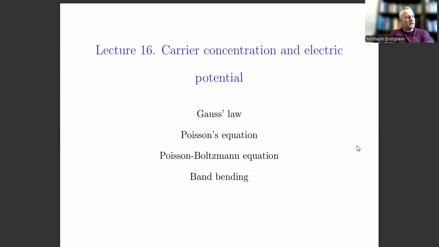But in this lecture, I will conclude not with the solution of the Poisson-Boltzmann's equation, but with the discussion of band bending near the surface of the semiconductor if the surface potential is different from the value of the electric potential in the semiconductor bulk, that is, far away from the surface. So that's the plan.